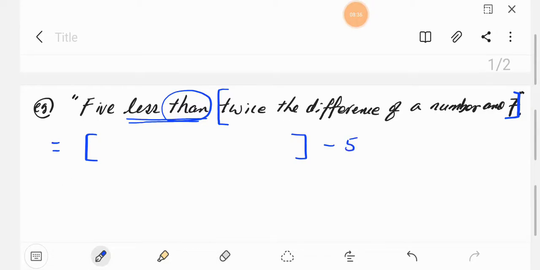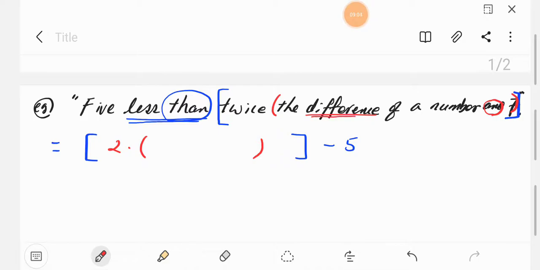Okay, then the second part is twice the difference. Twice the difference means 2 times the second part. So 2 times the parentheses. What's in the parentheses? That is the difference of a number and 7.